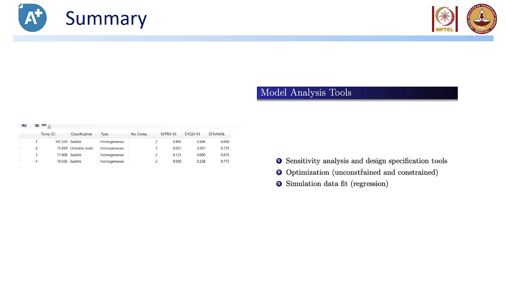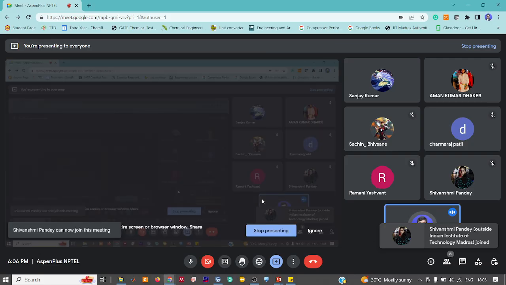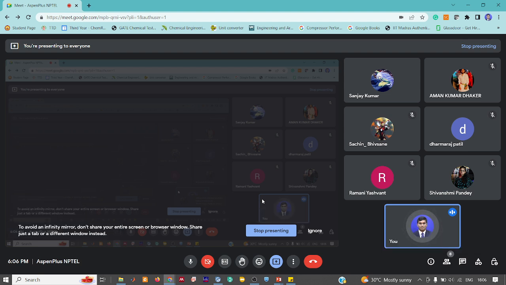Essentially, he has now slowly shifted from simulation to property analysis, regression, optimization, and so on. In today's session, we'll try simulating a simple flow sheet, and then the use of optimization and sensitivity analysis. We'll try to cover these two aspects too.